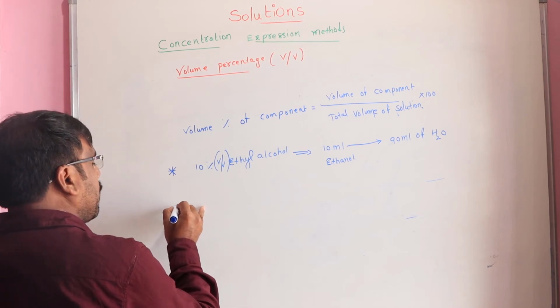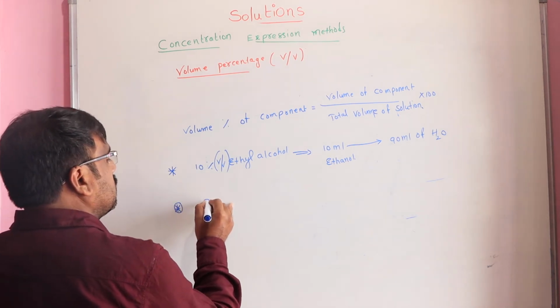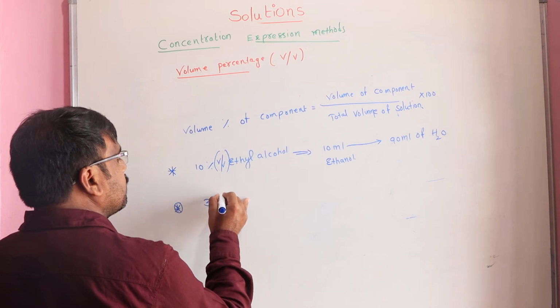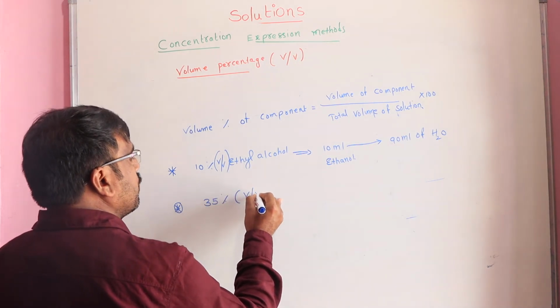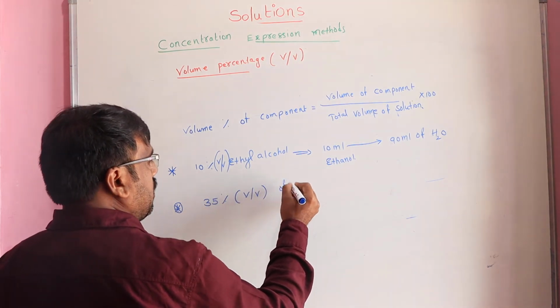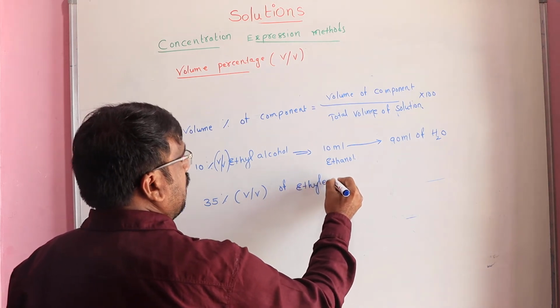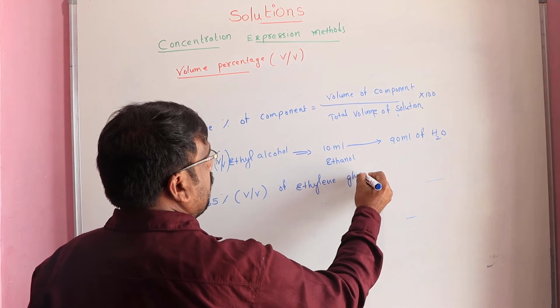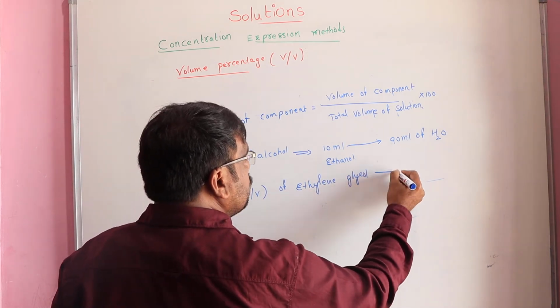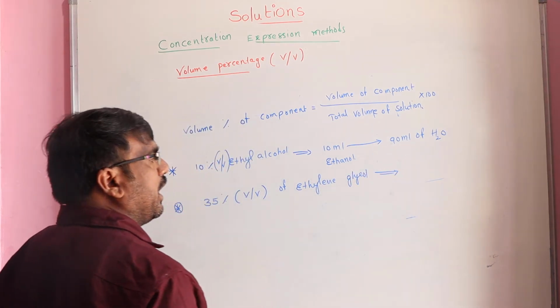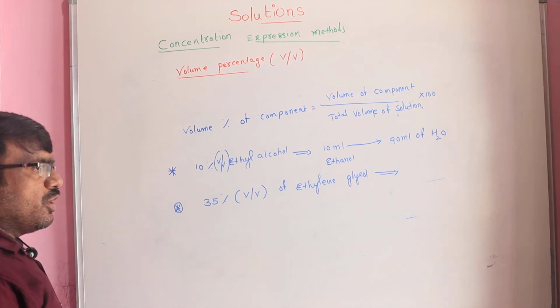And we have one important point here. 35% volume by volume of ethylene glycol can be used as an anti-freezing agent in motor vehicles.